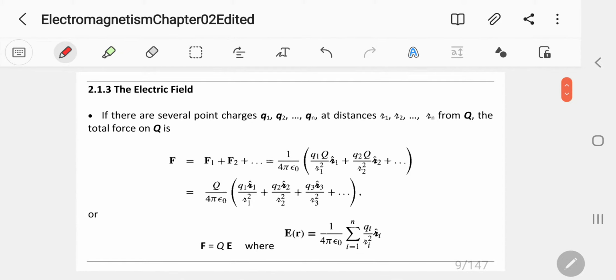So we now define what is electric field. Actually, when you have a charge, as I've always told my students before, when you have a charge in space, this charge radiates some electric field from itself.